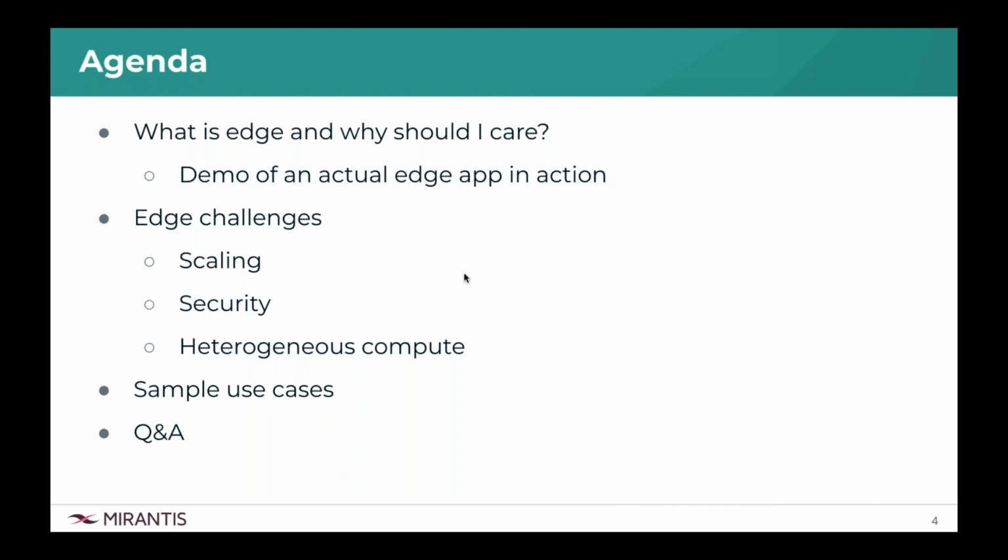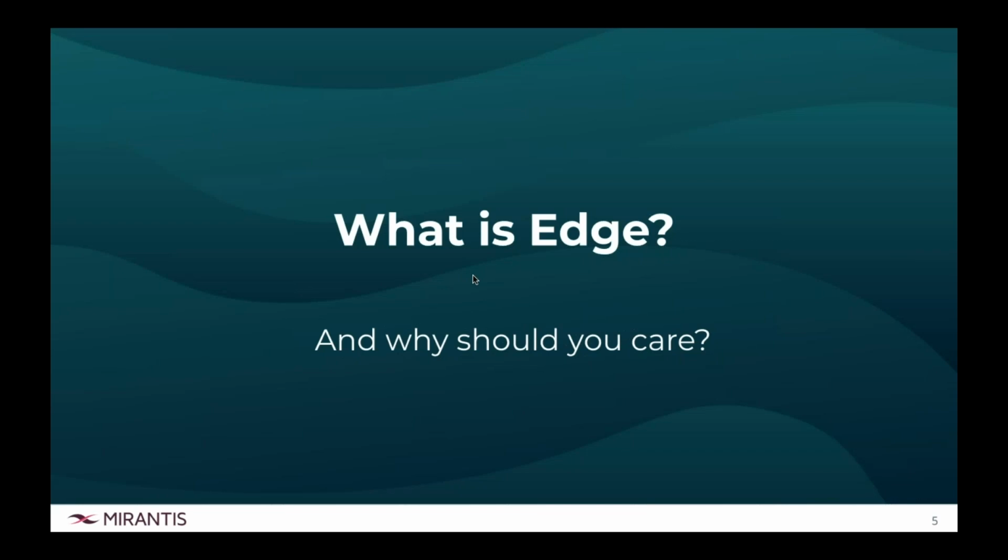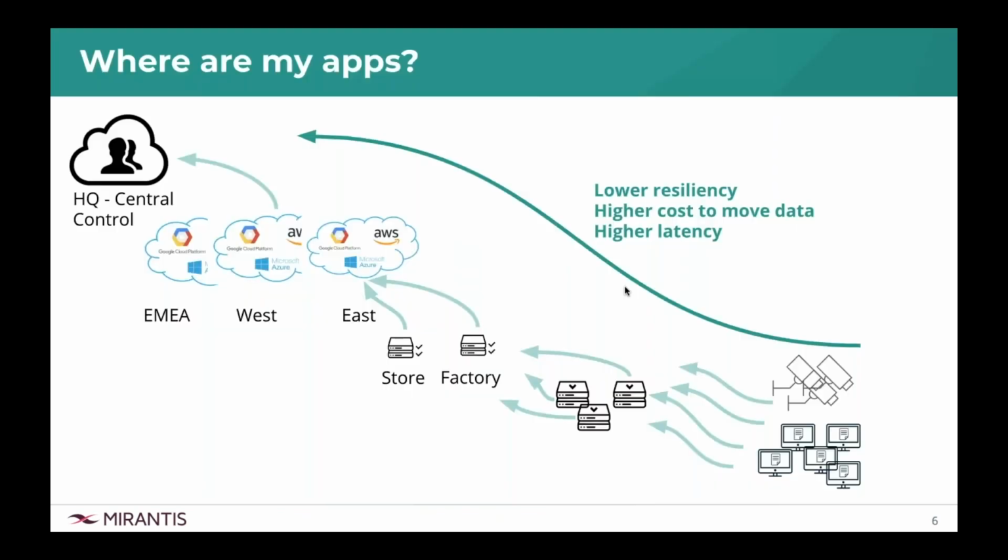All right. So, Mark, talk to us about edge and what it is and why it matters and why we care about this. Sounds good, Nick. Well, first of all, why are we interested in edge here at Mirantis? To be honest, it's because our customers, like you, are asking for the same tools they use today for cloud and data center app management to be extended to support applications residing beyond the data center.